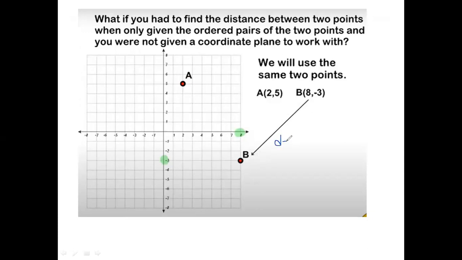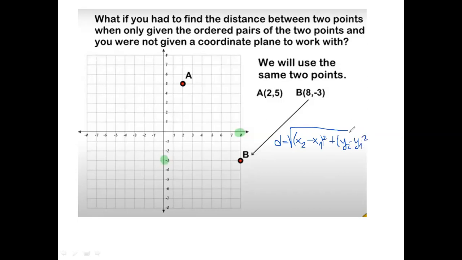So D was equal to the square root of x2 minus x1 squared, plus y2 minus y1 squared.